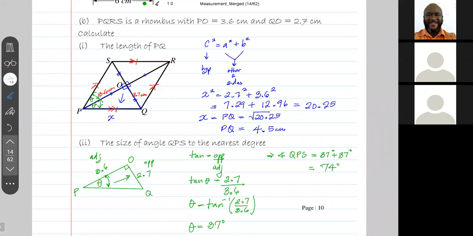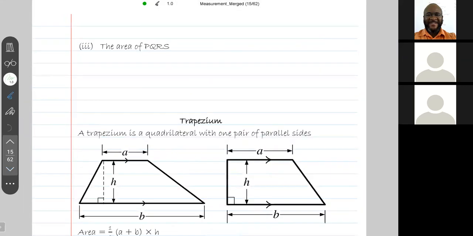All right, let's go for the area of the entire rhombus. So I'm just going to try and do a quick sketch of it. This angle is QPS, and it is 74 degrees. This side here is 4.5.